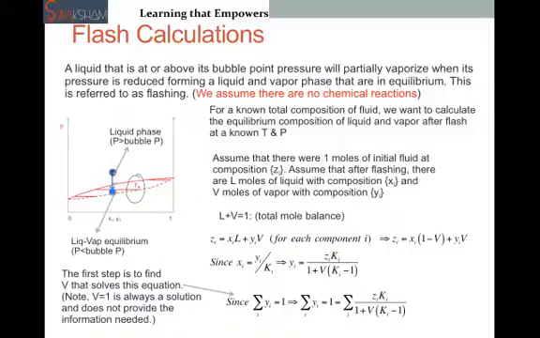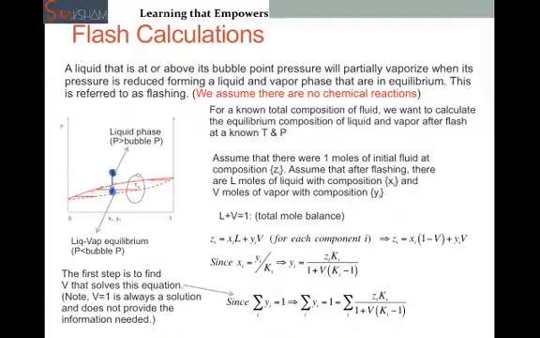Now let's say that we take this system and bring the pressure down to this point here. This is the final pressure. So the system will be in equilibrium at this pressure and this temperature for which this PXY graph is drawn.